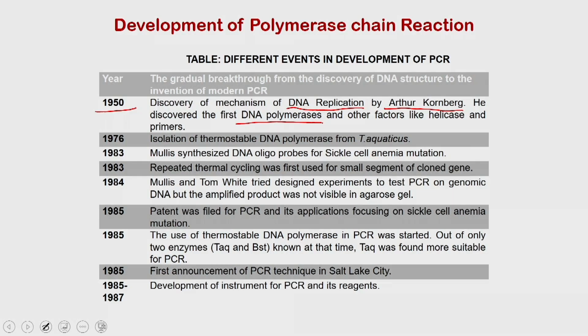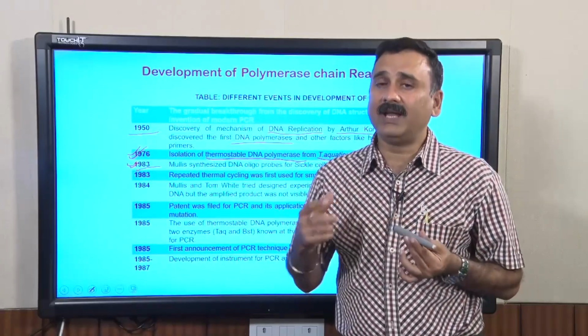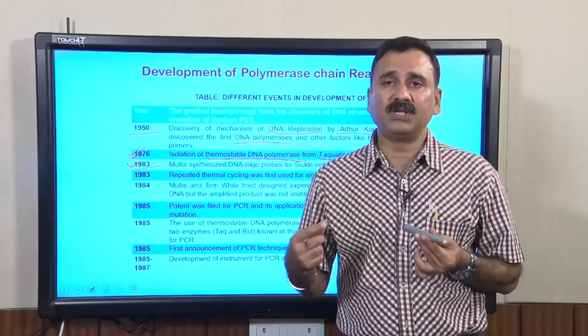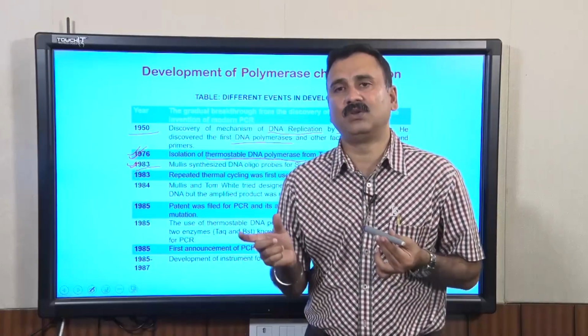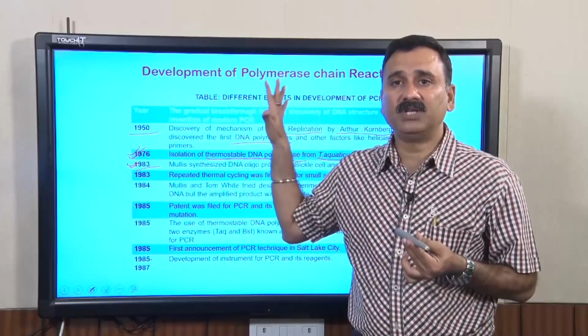Then in 1976, people discovered the first thermostable DNA polymerase from Thermus aquaticus, and then in 1983 Kary Mullis synthesized the first DNA oligo probe for detecting sickle cell anemia. That was a groundbreaking discovery, showing that you can do in vitro reactions to synthesize small stretches of DNA without utilizing the cellular machinery.